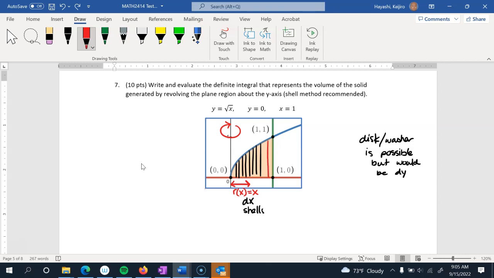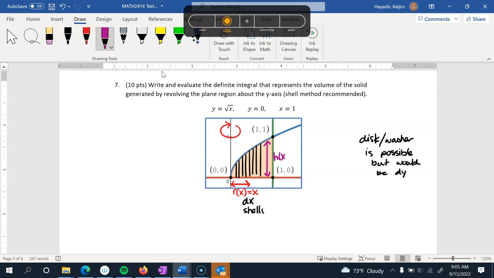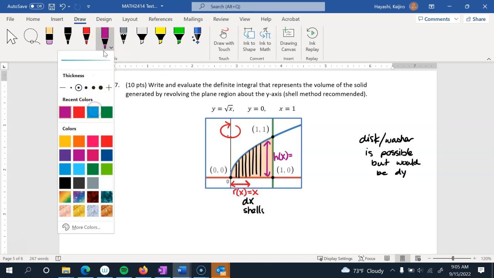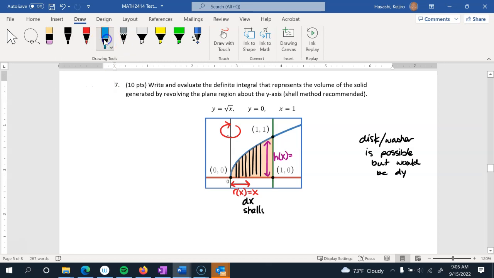The height of the shells, on the other hand, let me do that in a different color. Purple or something. The height of the shells, on the other hand, is determined by, well, all it's determined by is this function right here, this curve that's on top.